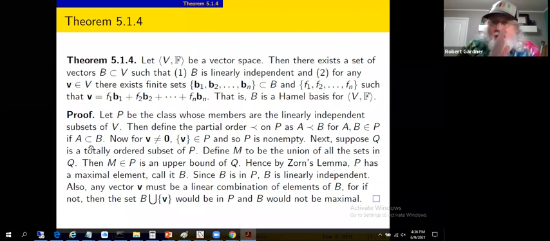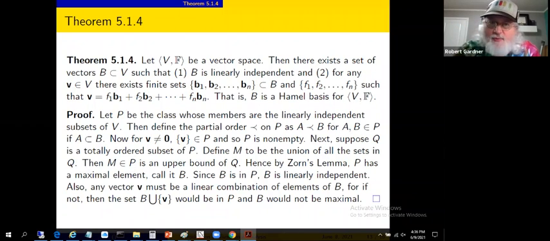I want to think of it as a string of sets, but nothing gives me the right to assume countability in any of this, like a first and a second and so forth. There is some kind of ordering on the thing. But we'll simply union up all of those sets in Q, creating M. It'll be an upper bound of Q. It'll be linearly independent, and the union will be greater than or equal to all of those constituent sets in this totally ordered subset Q.